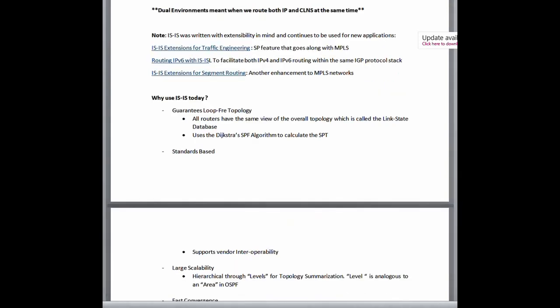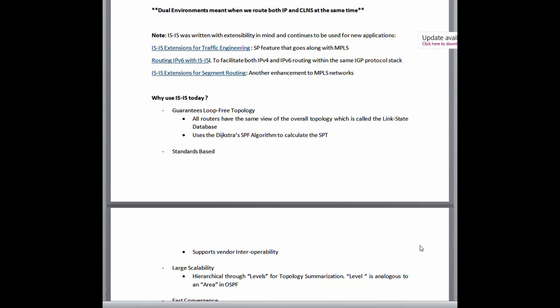So why should we use ISIS in modern day networks? First of all, it guarantees a loop-free topology, i.e. all routers in the network have the same view of the overall topology in that area, which is also called the link state database.